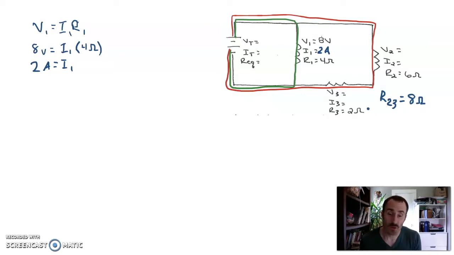So I know the total resistance of that branch. And then to figure out Req, 1 over Req is equal to 1 over 4, because that's resistor 1, plus 1 over 8.